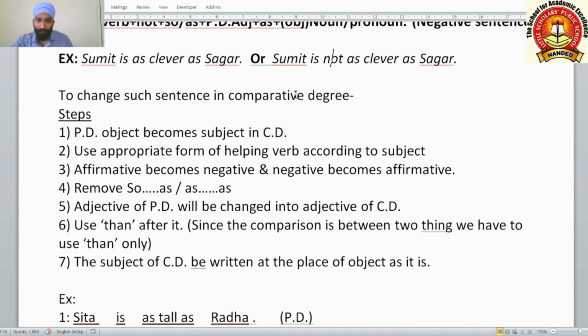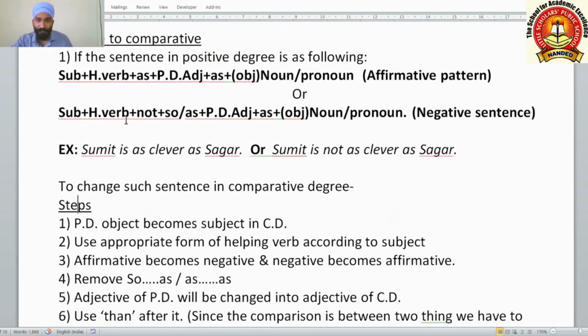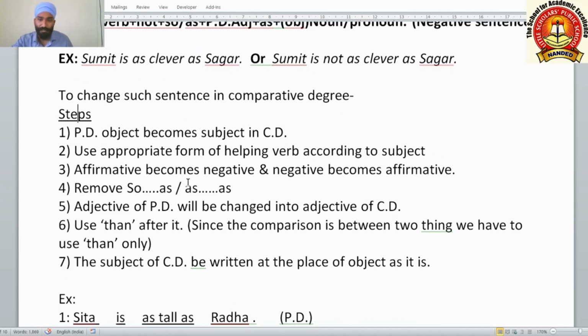Steps to change. If such sentences come in positive degree, means as or so as, how to change them into comparative degree, we are going to see the steps. You have to write these formulas, and just remember these steps, no need to write them. First, the positive degree object becomes the subject in comparative degree.